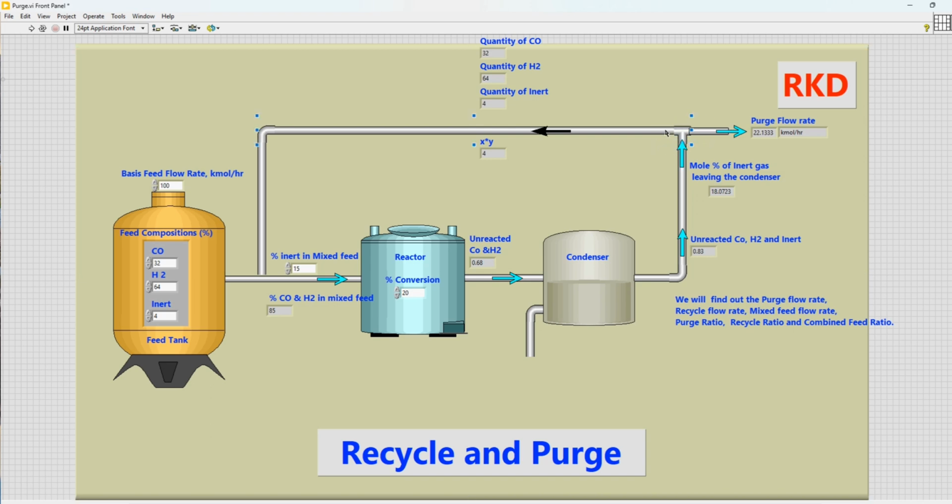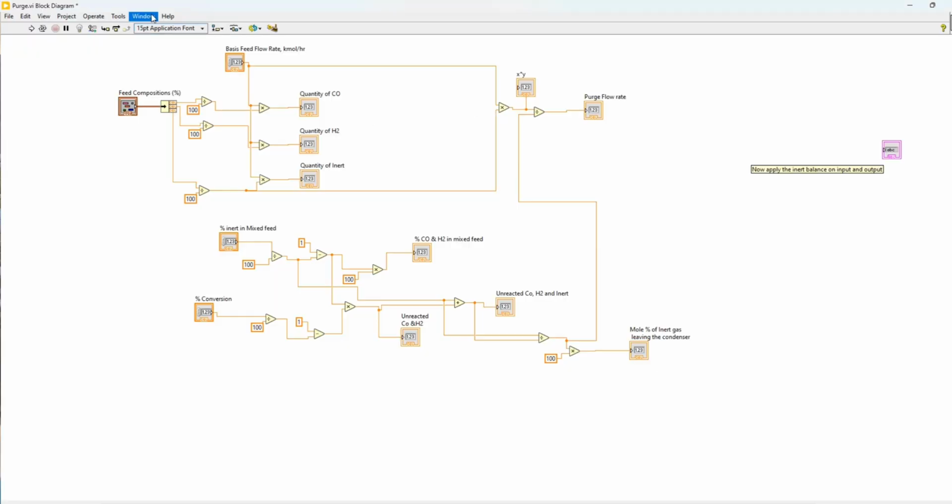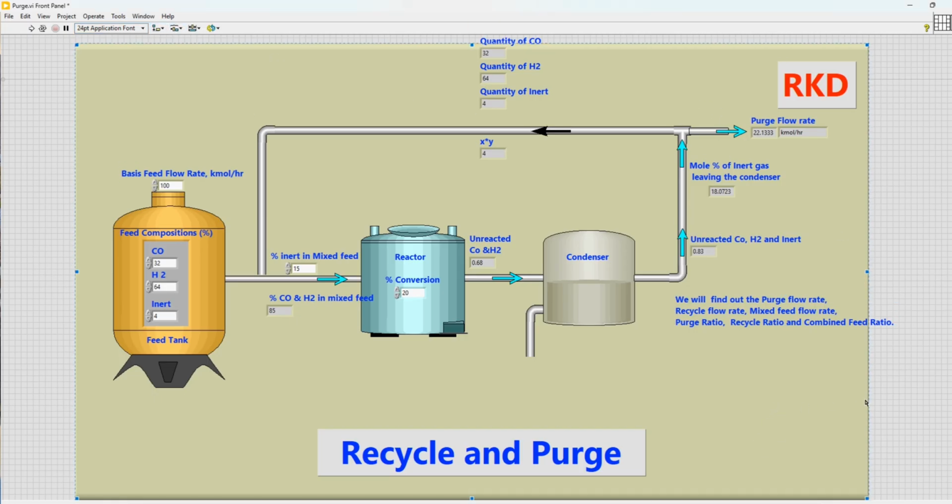So at that point if we apply the overall material balance, this is nothing but the gas leaving the condenser, that would be the purge plus recycle, this purge plus recycle here.